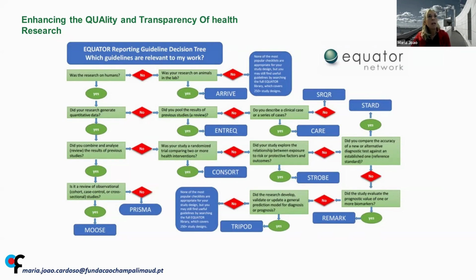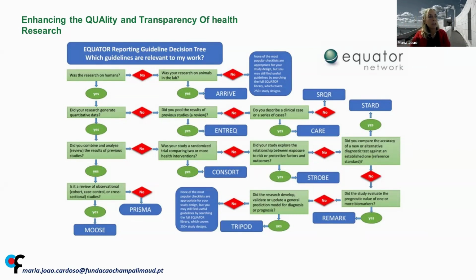And one of them is the Equator Network. The Equator Network is mainly a gathering of people directing all the tools that we have to understand the type of construction we need for the type of research that we aim to have, from a simple report of a clinical case to a randomized trial.